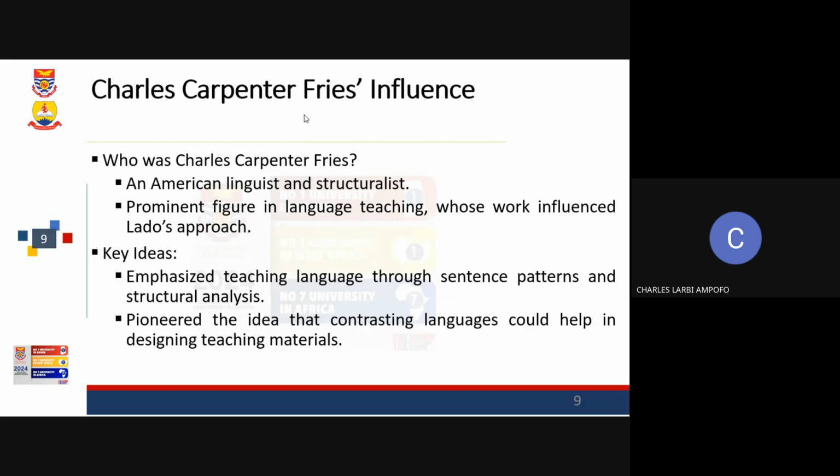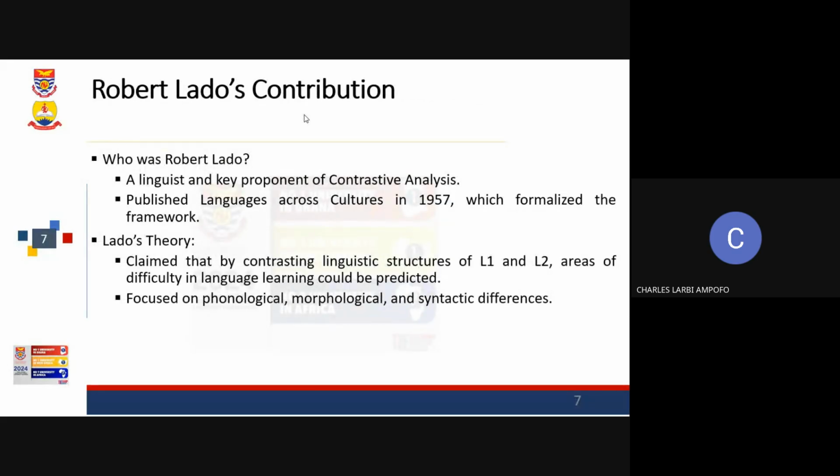Now, to be clear, let's go back a little to Robert Lado. The name Lado is not a typical American name. Is there anyone here who can guess? Please, the one whose mic is on, please turn it off. So Robert Lado, where do you think the name Lado is likely to come from?